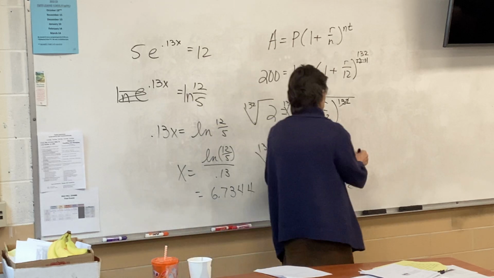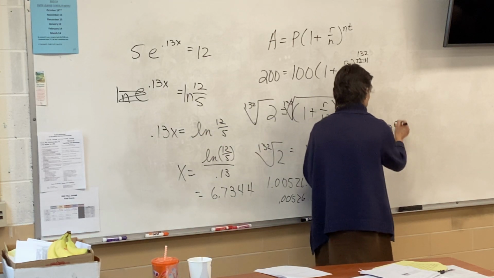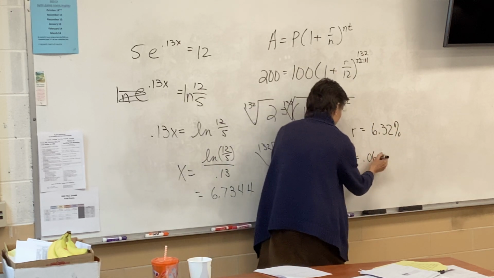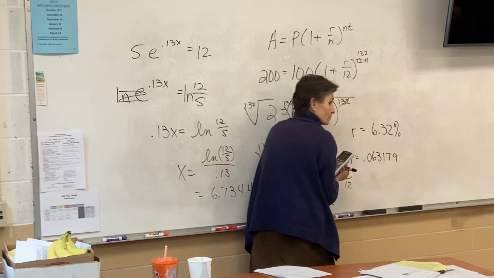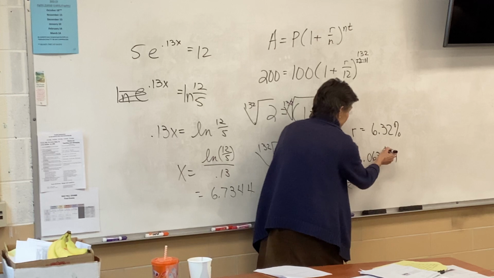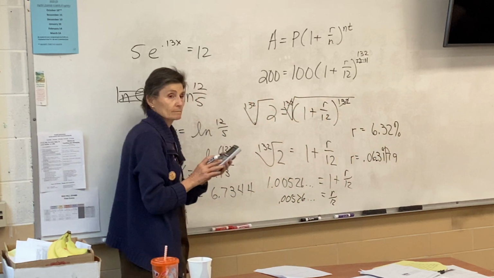I got an interest rate of 6.32%. Notice, your calculator said 0.063179. Rounding off to 4 would make this a 2, and it's a percent, so you gotta move it over.